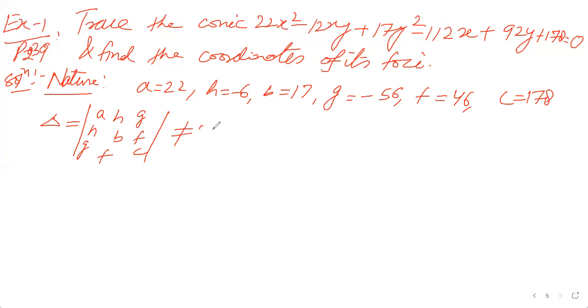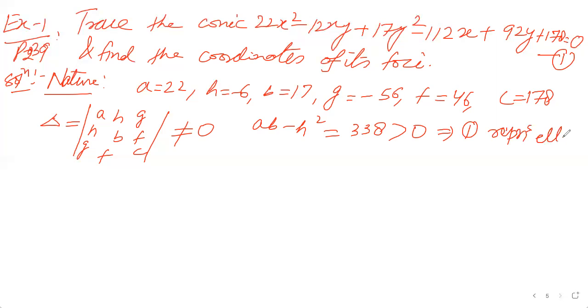I will check it. It is coming not 0. If it is 0, it will be a pair of straight lines, but it is not 0. Then I will check AB minus H square, which is here coming 338, and will be coming positive. So this implies that it is an ellipse, है ना? इसको अगर मैं one equation कह दूं, so one represents ellipse.